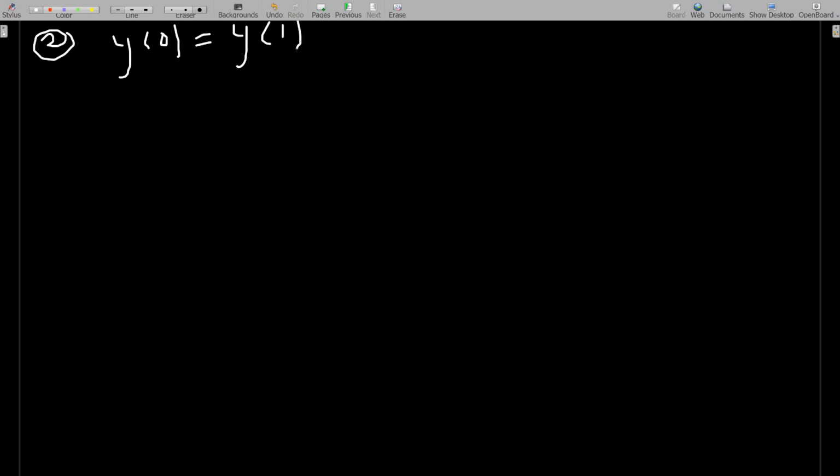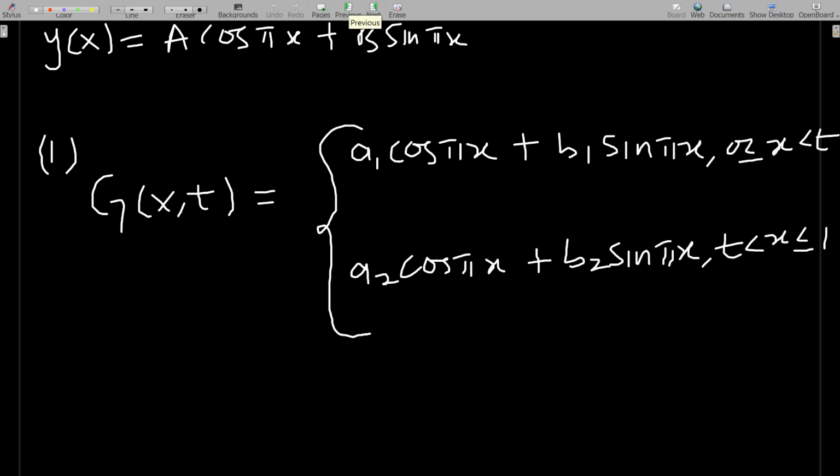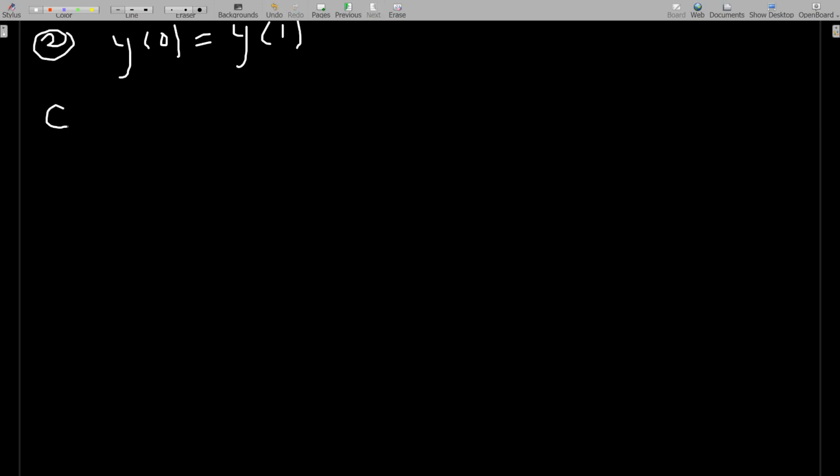Now, going back to the Green's function, 0 is in the first part, g1, and 1 belongs to the second part, g2. So g1 of 0,t should be equal to g2 of 1,t.